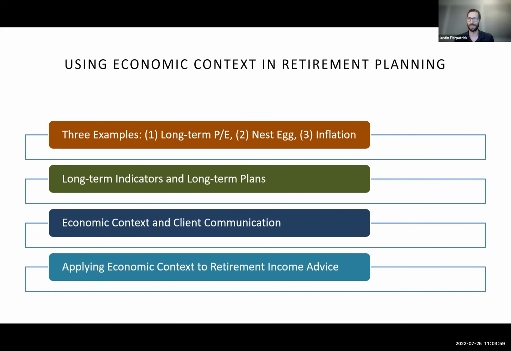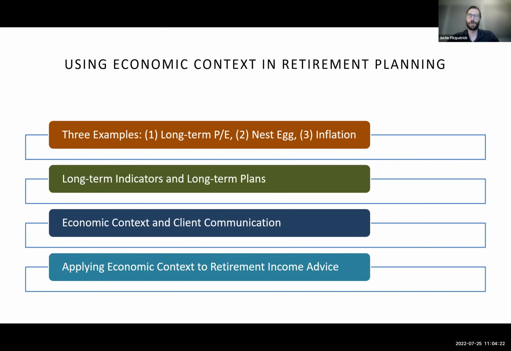So think of these again as examples, not as the only things to look at, or exactly the mathematical key to determining retirement advice. So we'll look at price earnings indicators, something I'm calling nest egg, you'll see what that is, and inflation, which is probably on a lot of people's minds.